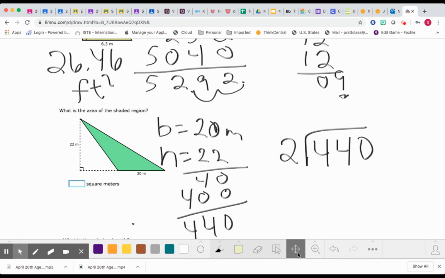So 2 can go into 4 2 times. Zero. We're going to bring down our 4. Again, 2 times. Bring down our 4. 0, and then 0. Then 2 goes into 0 0 times. Okay, so our answer would be 220 square meters. Okay, so we're going to put our answer as 220.